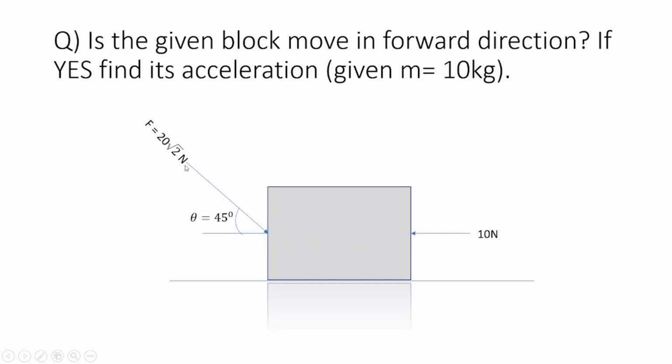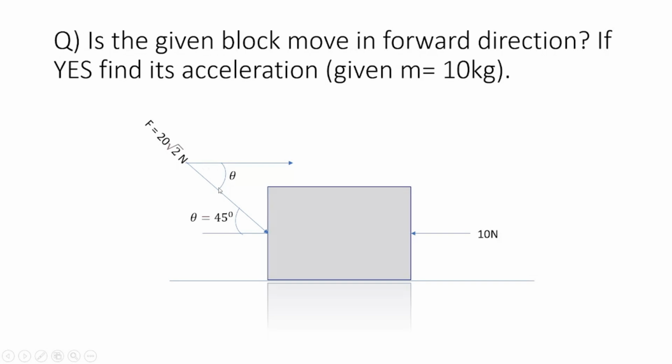Now here an inclined force is given, so first we have to resolve this into two components. As you all are familiar with the basic angle, the alternating angle, you can see from the figure, if this theta is equal to 45 degrees, then this is also theta, which is the alternating angle, and theta is equal to 45 degrees.